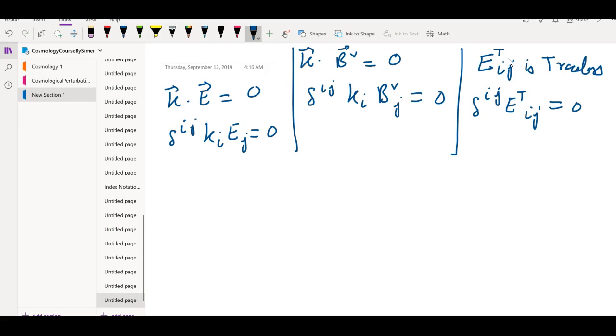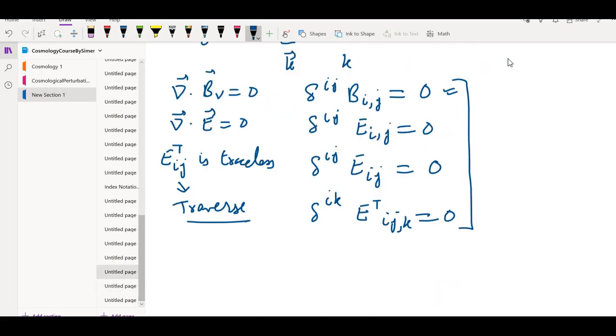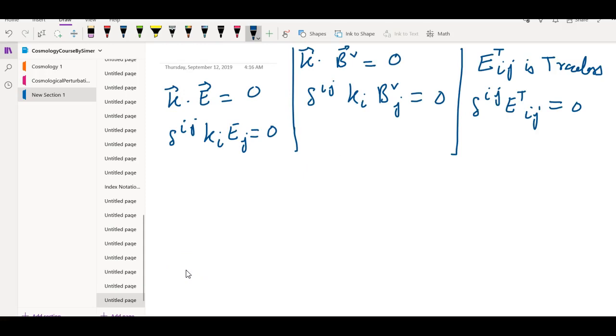And also we have another condition, the transverse condition, delta_ik E^T_ij,k in terms of its Fourier components.